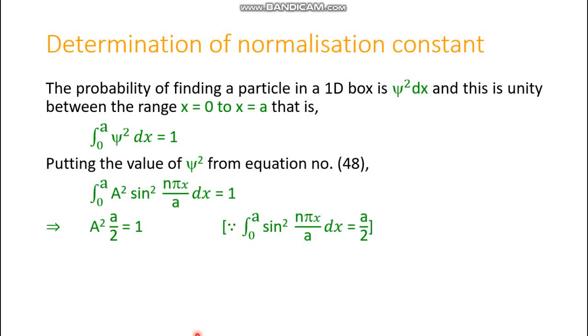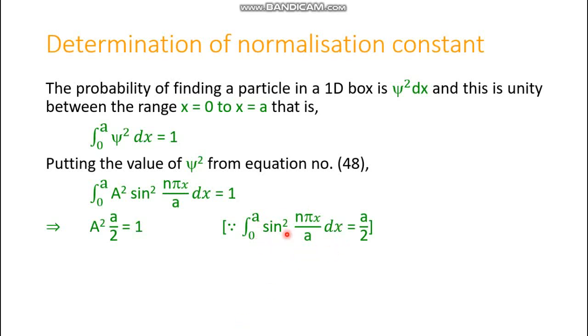This has the solution A squared, which is the constant, the normalization constant whose value we are going to determine. The result of the integration is a by 2 within this limit, and this equals 1.